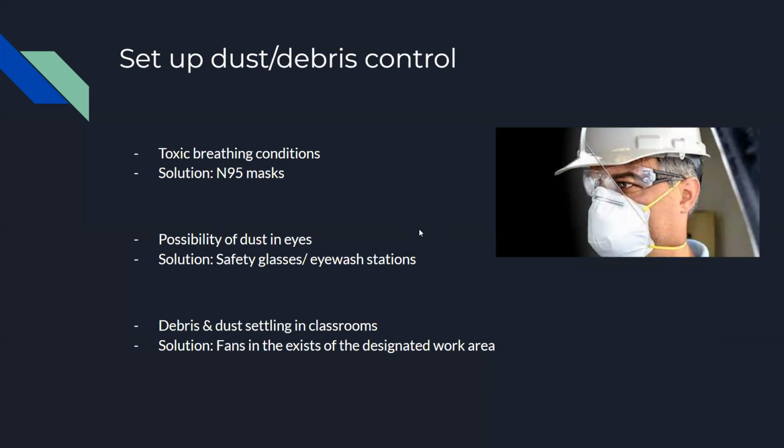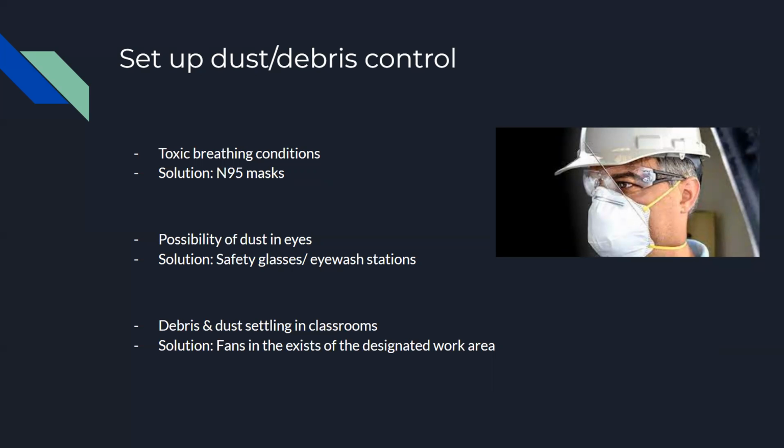As we start working, we're going to face dust and debris, and for that reason we're going to need to control the situation. One of the problems we may face is toxic breathing conditions, the possibility of dust in our eyes, and debris and dust settling in classrooms. To mitigate this risk, we'll be using N95 masks to breathe clear air and filter out toxic breathing conditions.